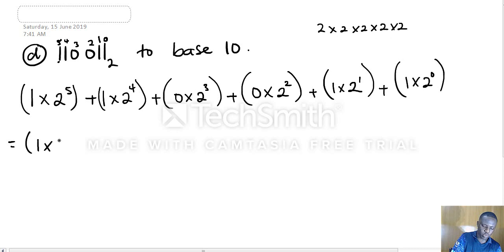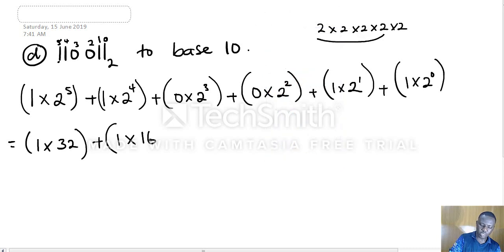And this is equal to 32, plus 1 times 2 raised to the power 4, which is 2 multiplied in 4 places: 2 times 2 is 4, 4 times 2 is 8, 8 times 2 is 16.